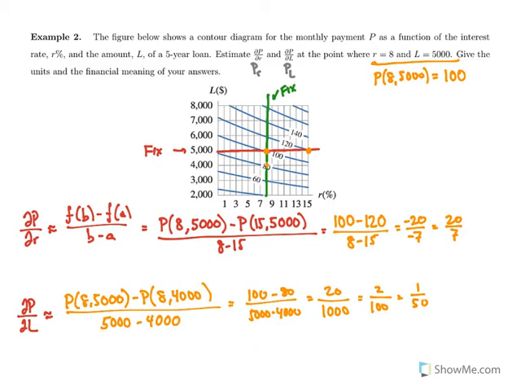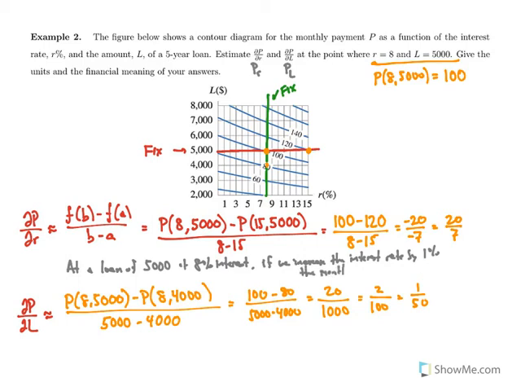So what do these mean in the context of the problem? dP/dR is saying at a loan of $5,000 at 8% interest, if we increase the interest rate by 1%, the monthly payment increases by 20 over $7, which is about $3.